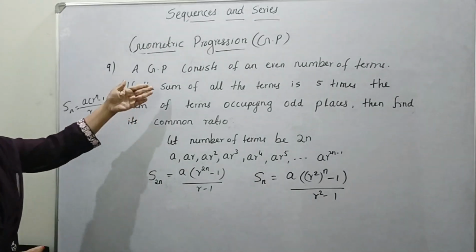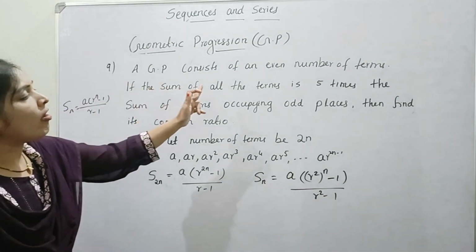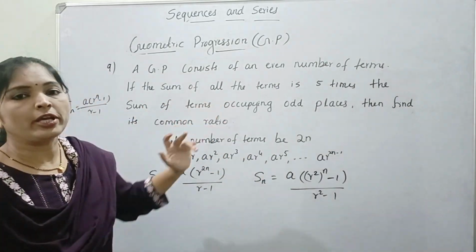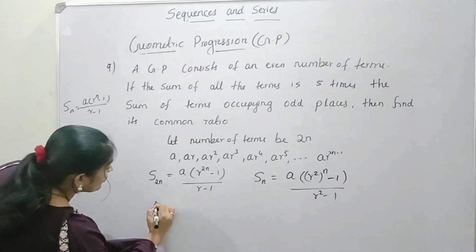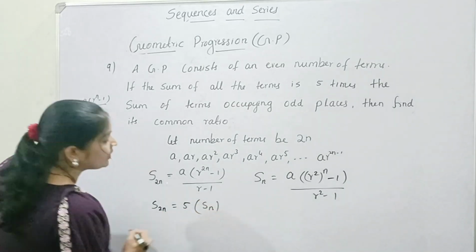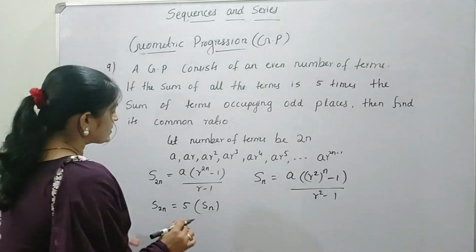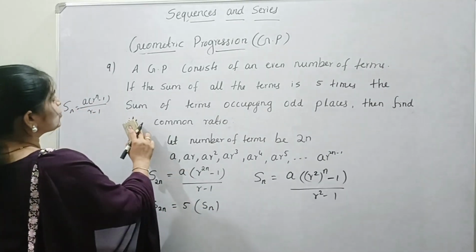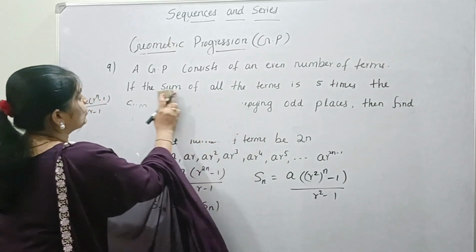It is given that the sum of all the terms is 5 times the sum of the terms occupying odd places, that is S2n equals 5 times Sn. Substitute this, since we have to find the common ratio.